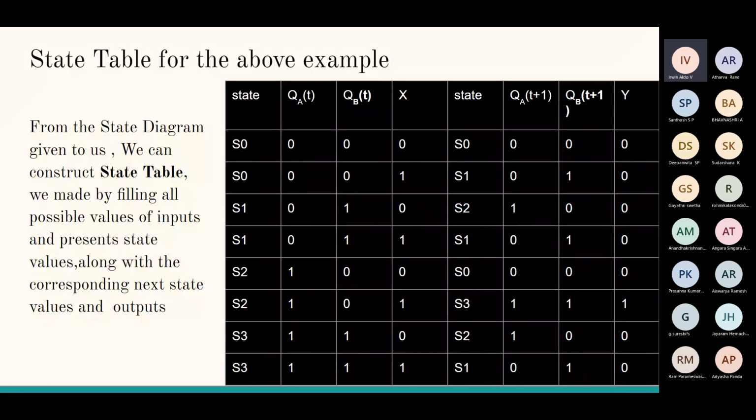So we are taking two flip-flops so that together they can represent four different values: 00, 01, 10, and 11. So I'm taking two flip-flops A and B. QA is the present state value of flip-flop A, and QB is the present state value of flip-flop B. Is it okay? Now you can understand, right?